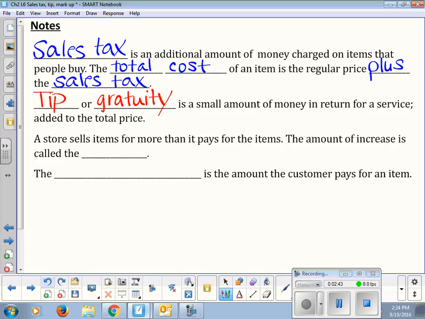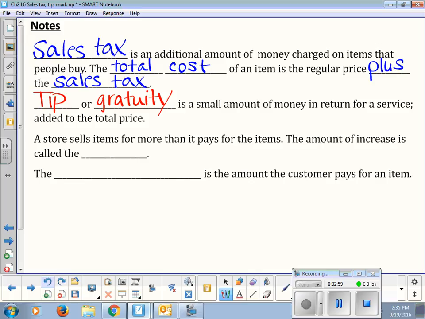It's sometimes called gratuity. It is a small amount of money in return for a service, and it's also added to the total price. So if you go to a restaurant, generally you're supposed to tip your waitress or waiter. If you get your nails done, you sometimes add in a tip.